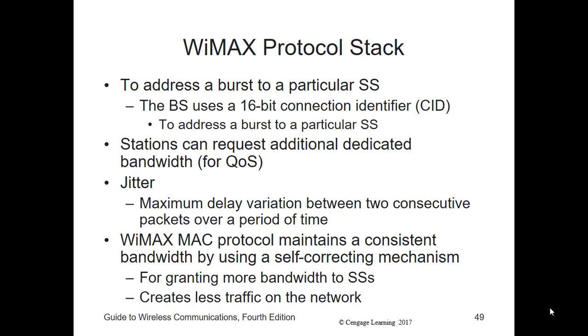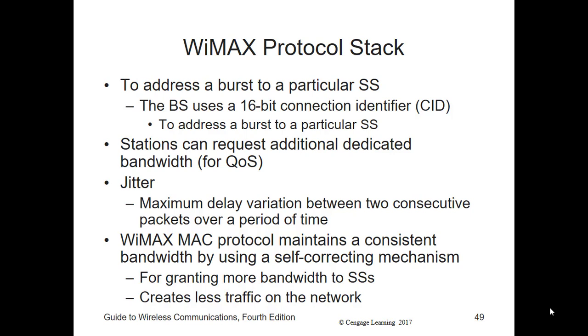The WiMAX MAC protocol maintains a consistent bandwidth by using a self-correcting mechanism for granting more bandwidth to the subscriber stations. If an SS does not receive the bandwidth grant, or the BS does not receive the request, the SS will simply request it again.